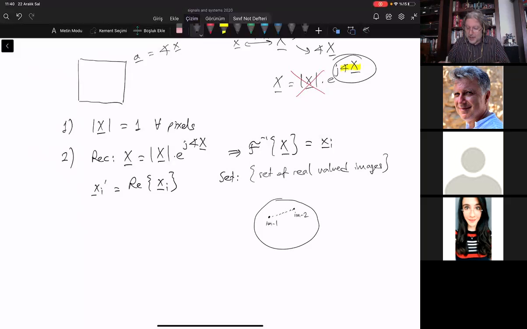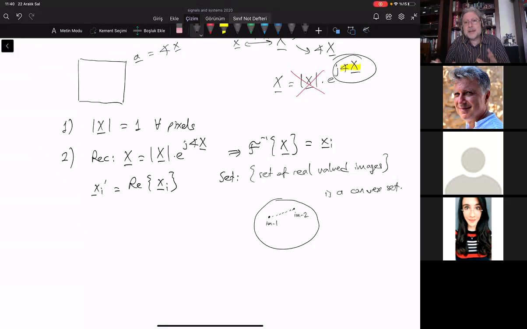And the answer is, of course, yes. If image 1 is real, when I multiply it with lambda, if image 2 is real, when I multiply it with 1 minus lambda, they will all be real. And when I add them, it will be real. So yes, the set of real valued images is a convex set.